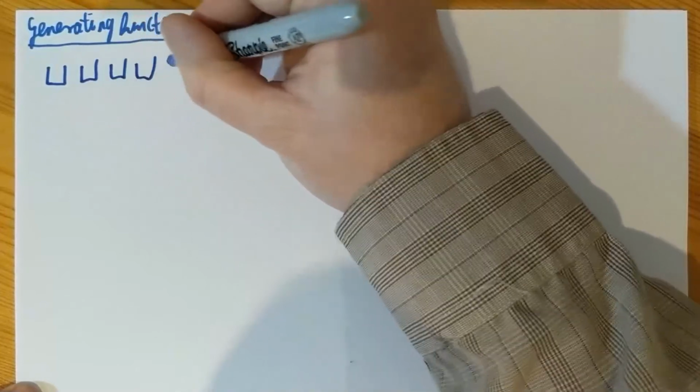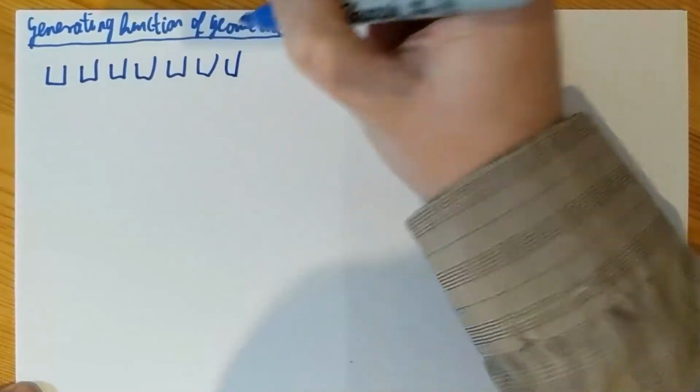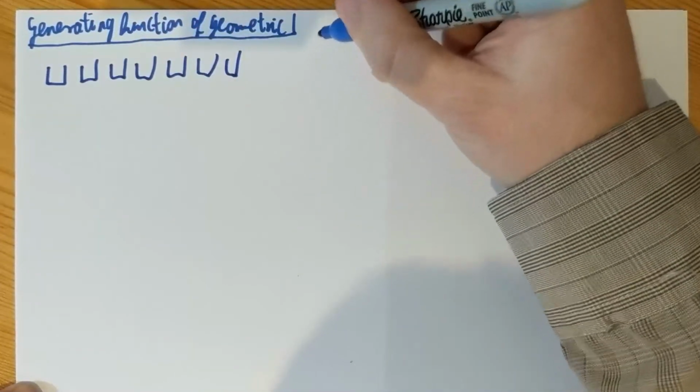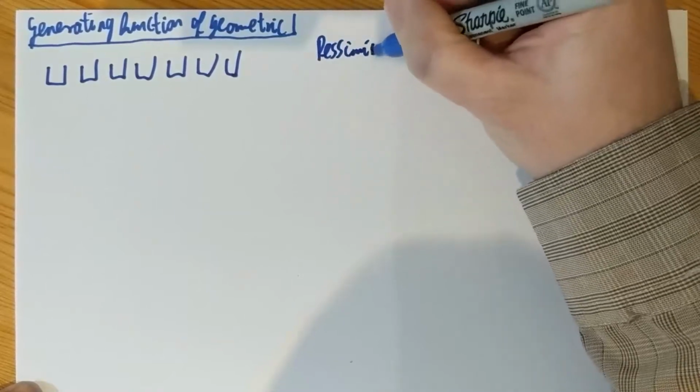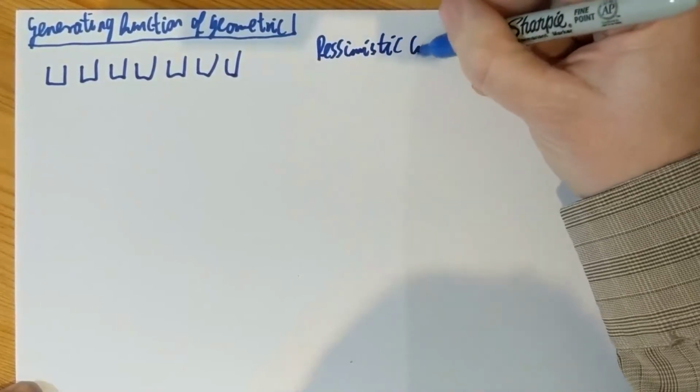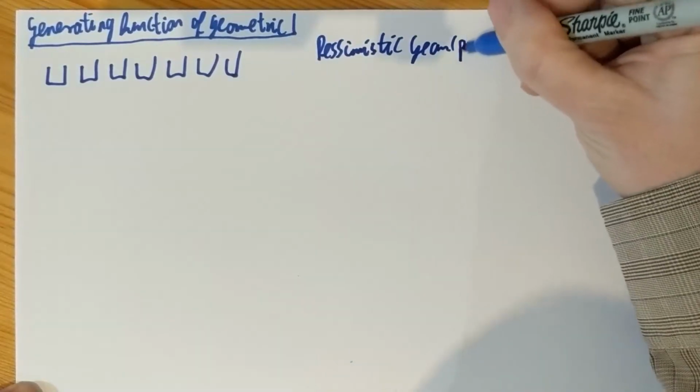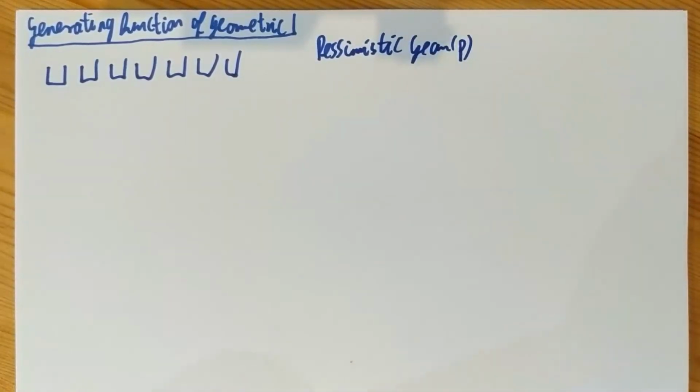So let's imagine what's going on with the geometric. I'm going to consider the pessimistic geometric first. What is the pessimistic geometric with parameter P? It is the waiting time, the number of failures before the first success.